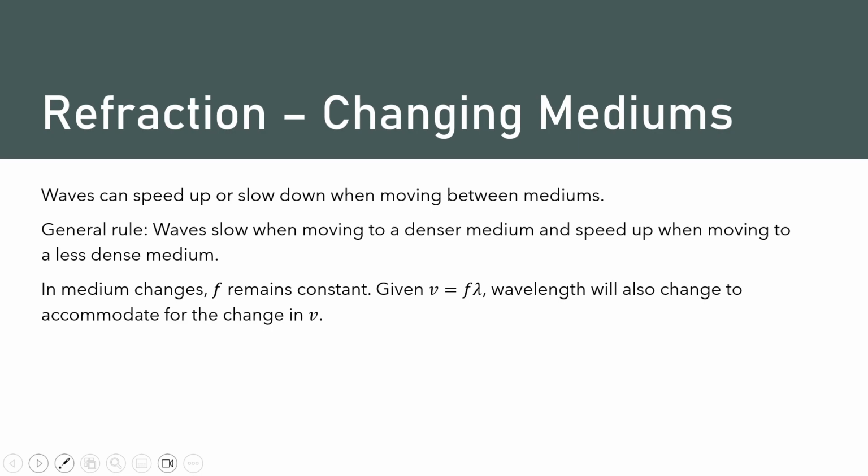Something else to note that's really important is that when we do have a medium change, the frequency should remain constant. So if we have v equals f lambda, the velocity of a wave is equal to its frequency times its wavelength, what we can assume is that if f remains constant, but v either increases or decreases depending on what medium it's moving into, that wavelength will be the thing that adjusts to accommodate for the change in velocity.